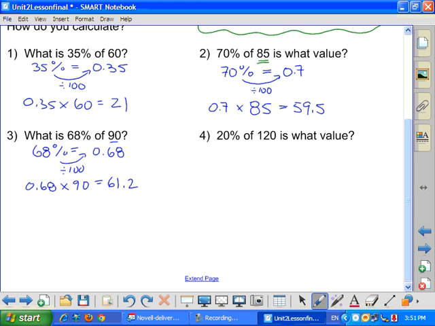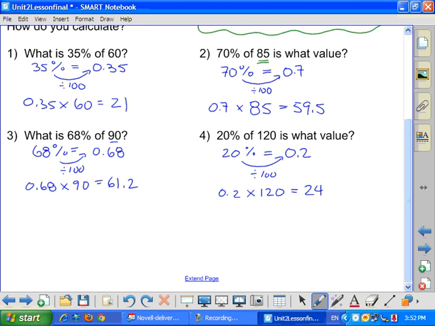Okay, and that's all there is to it. I just want you to get into this rhythm. There's no next step today. For the last one here, 20%, write it as a decimal, divide by 100, it's 0.2. 0.2 times 120 is 24, and there we go.